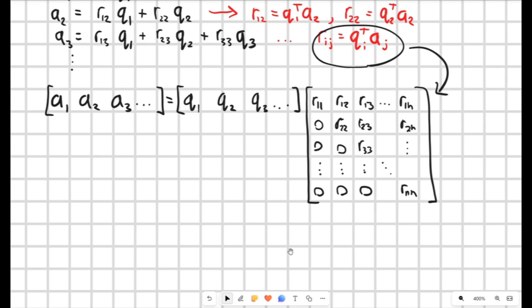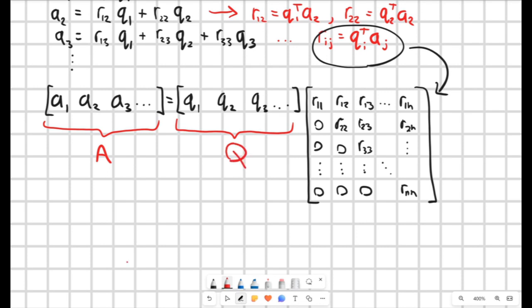So putting all of this together, we know that this is the matrix A. This thing, a matrix that we created out of the orthonormal vectors Q, we're going to call a capital Q. And this thing is, as you might have guessed, we're going to call R, this upper triangular matrix.